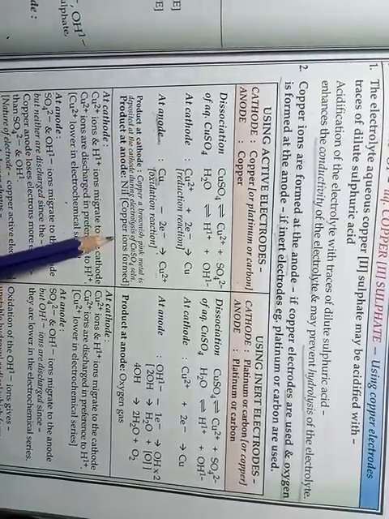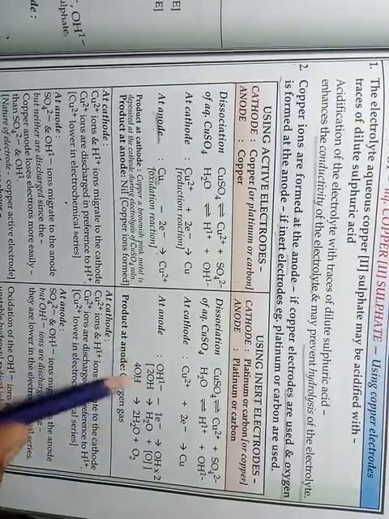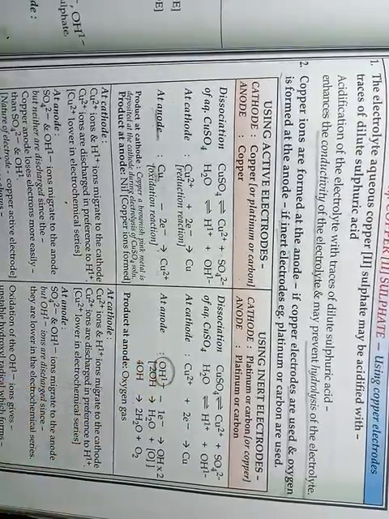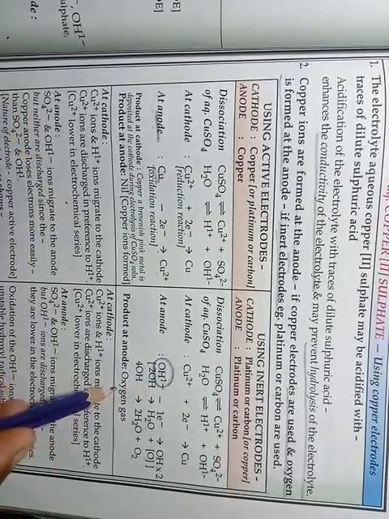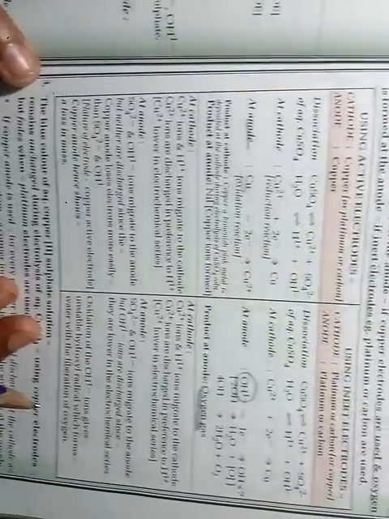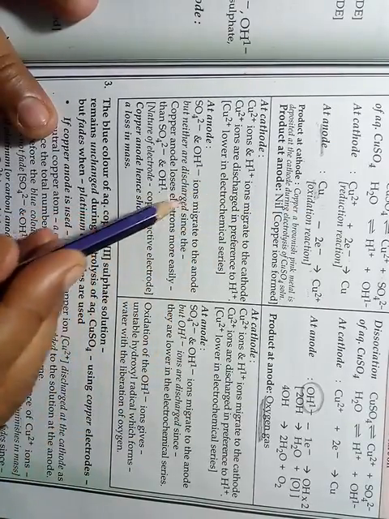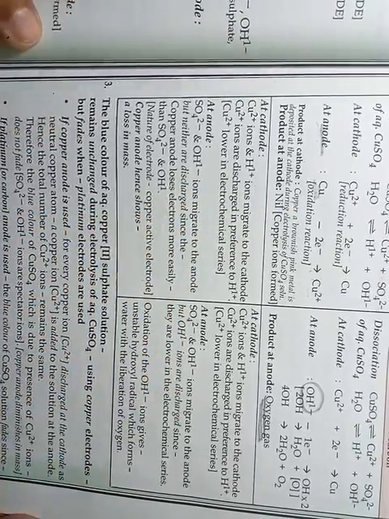But if inert electrodes are there, then at the anode preferential discharge of OH minus will take place, so overall oxygen gas will be produced here. So this is the summary of these reactions. All the points we have discussed already.